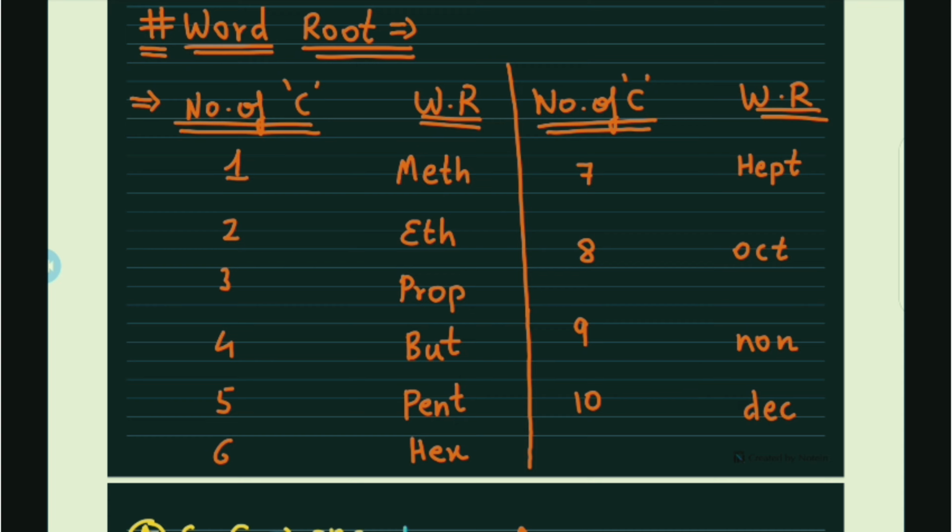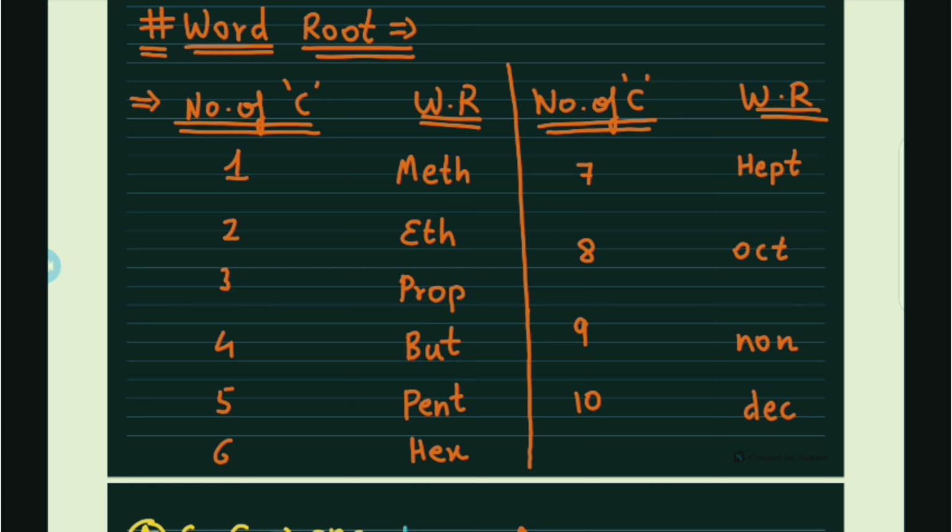Or any sort of a compound chain we consider it. For example, if the number of carbons in that chain is one, only one carbon, the word root of the parent carbon chain, the name which we give to the parent carbon chain, is meth. For two carbons, eth, 3, prop, 4, but, up to so on till 10, that is dec.